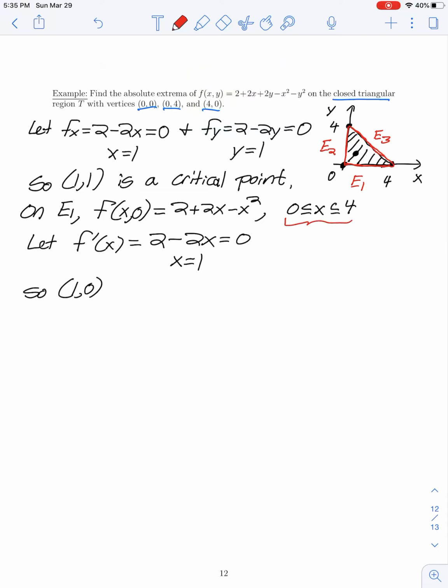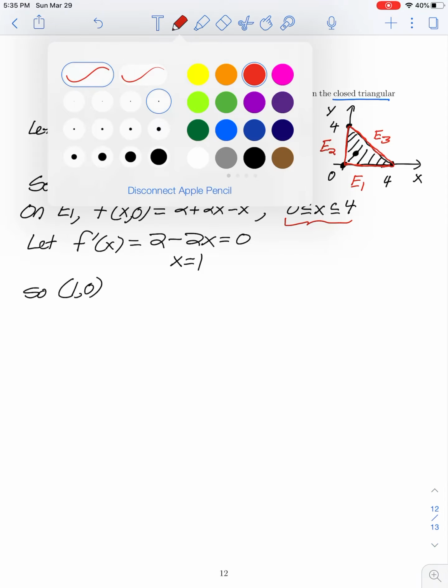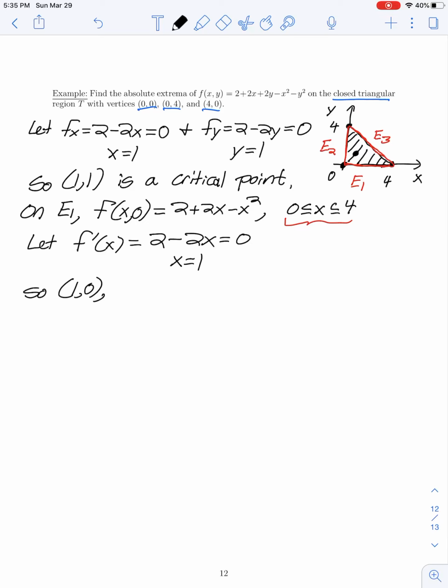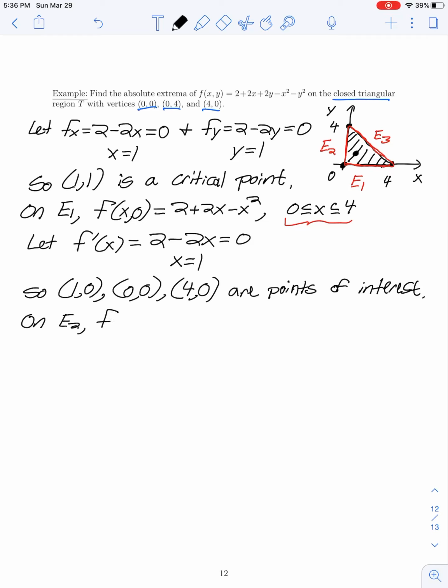Now recall that we also had to consider the endpoints of our interval for these single variable functions. And in this case, the endpoints of our interval were x equals 0 and x equals 4. And so the other points which we want to consider along this edge, the endpoints, would be (0, 0) and (4, 0). So these are our points of interest on that first edge.